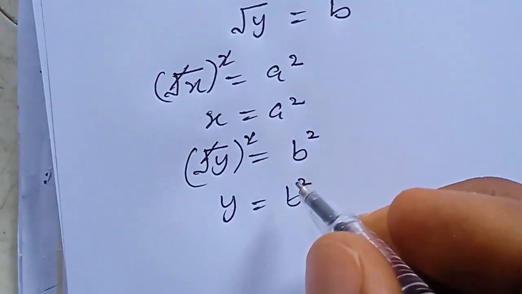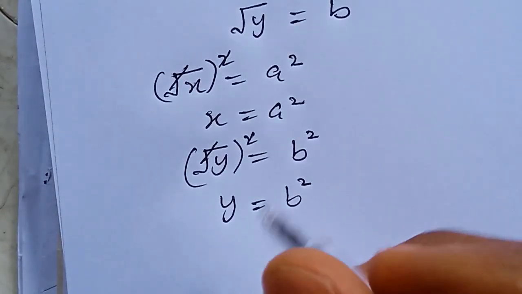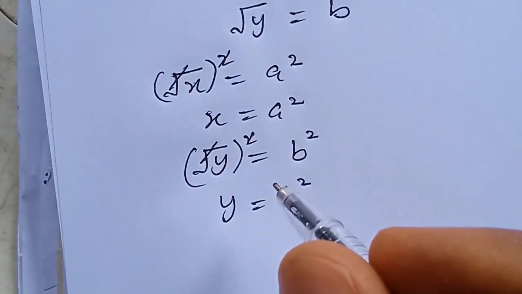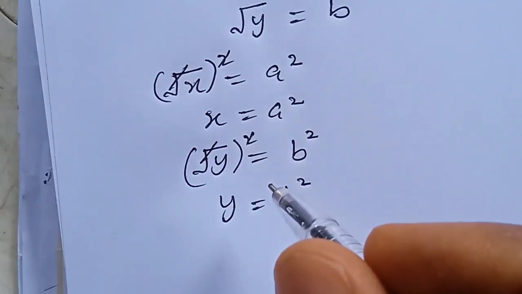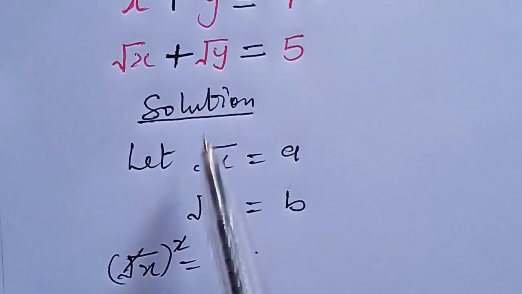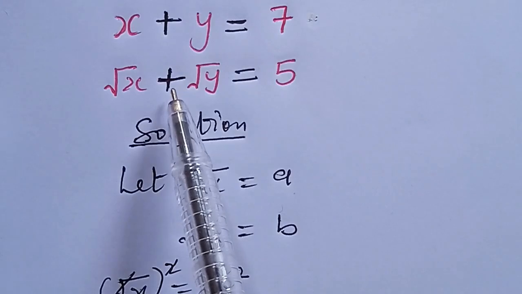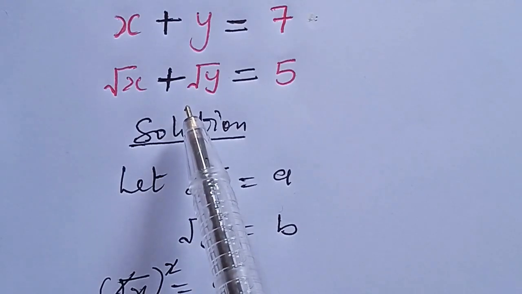Now, what we need to consider is that square roots are defined for non-negative real numbers. The square roots in our system of equations are defined for non-negative real numbers.